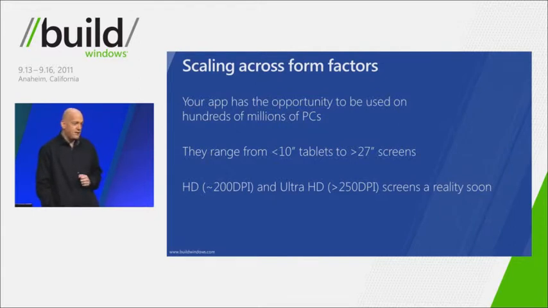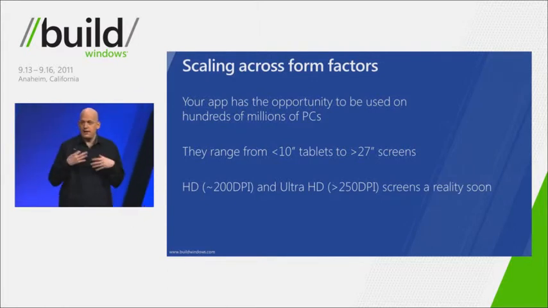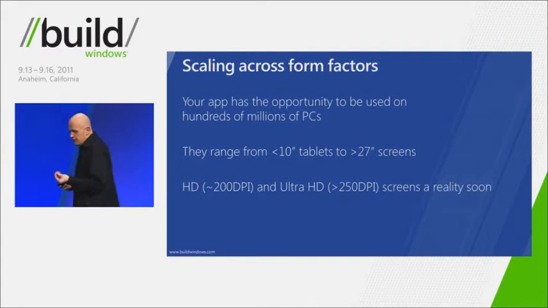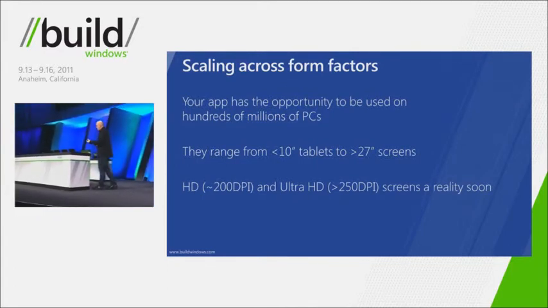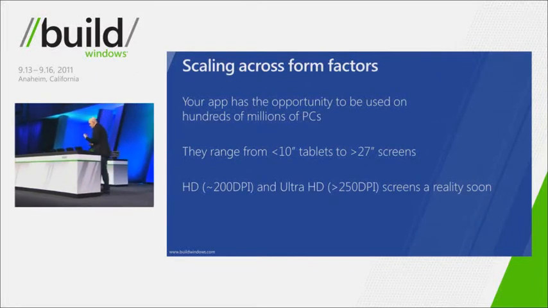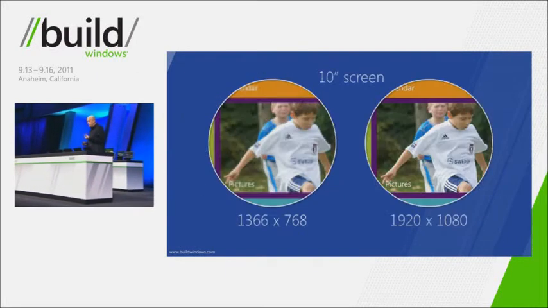But you're not going to get as rich as if you target the world who's running all these different form factors. Another thing that you're going to be seeing is high DPI screens are coming. I've seen them. They're beautiful. The screen manufacturers are doing an amazing job of creating these.